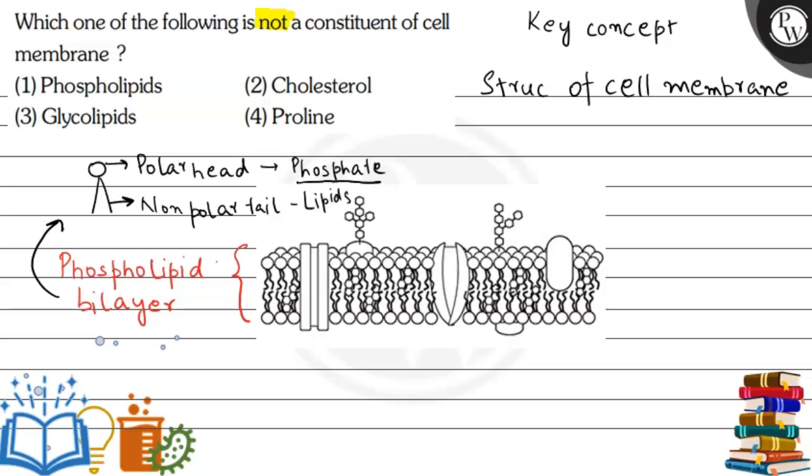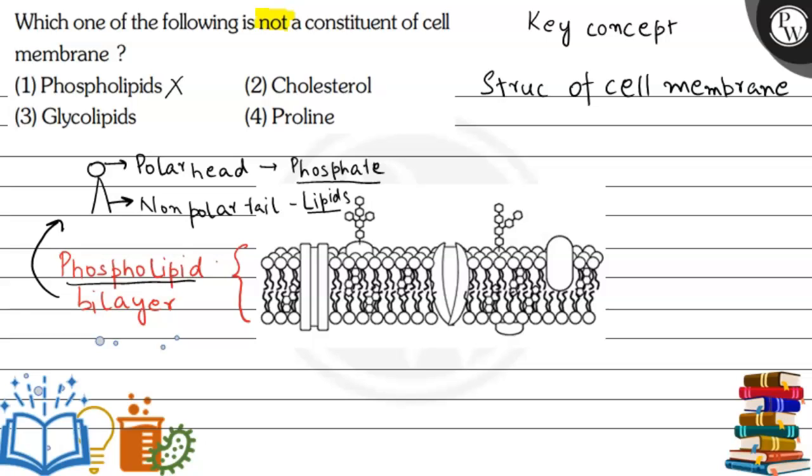Now the phosphate molecule and the lipid molecule together form the phospholipid, and two layers of phospholipid form the bilayer. So the phospholipid bilayer is an important constituent of the cell membrane, which forms the actual structure of the cell membrane. So this will not be our answer because it is present in the cell membrane.